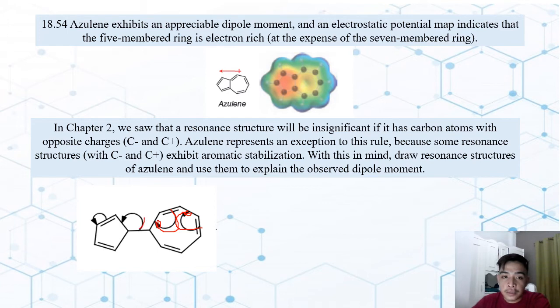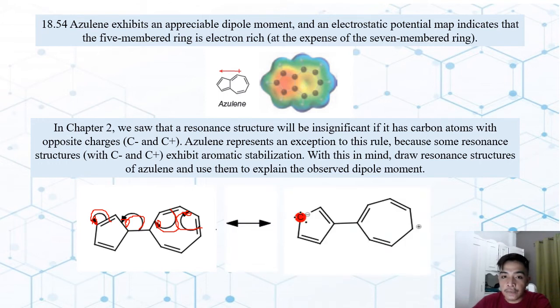Then this bond will break, forming another bond, and this bond again will break, forming another bond. This carbon will form a carbanion, and this carbon will form a carbocation. So from the mechanism of the formation of the bonds, the resonance structure of azulene is like this.